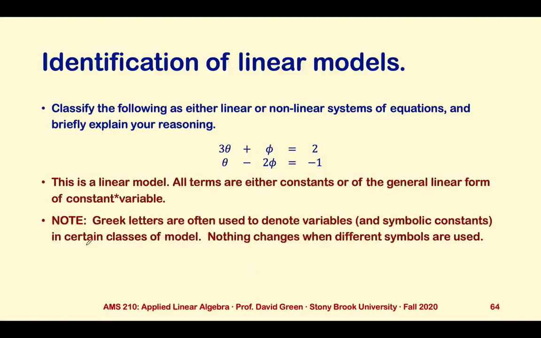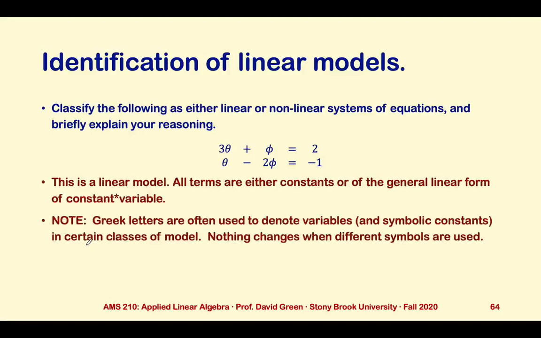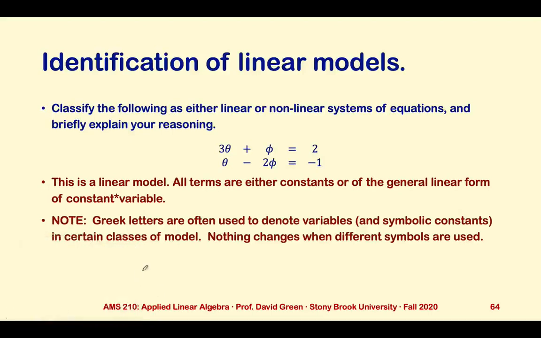What about this system? This system might throw you for a little bit of a loop. It is a linear model. All of the terms in this are linear terms. They're either a constant, 2 or -1, or of the general form constant times variable, 3 times theta, theta, phi, 2 phi.